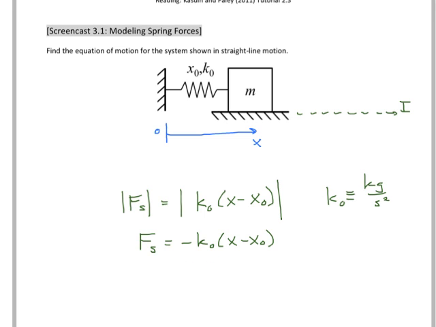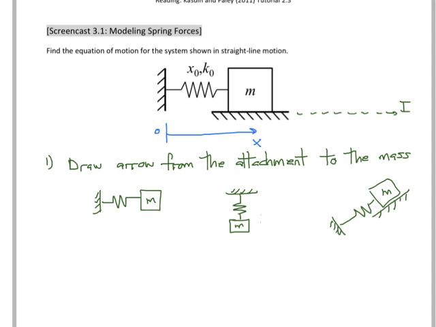For example, if the spring were on the other side of the mass, that's going to change the sign. Or when we begin to work in multiple dimensions, this problem becomes more complex and we lose the intuition on the situation. So we're going to systemize our methods on how to apply a spring force to these models.